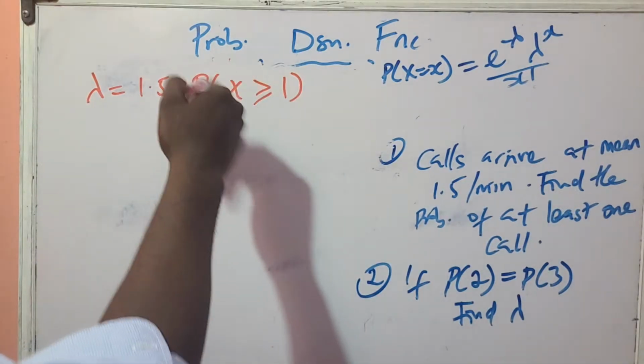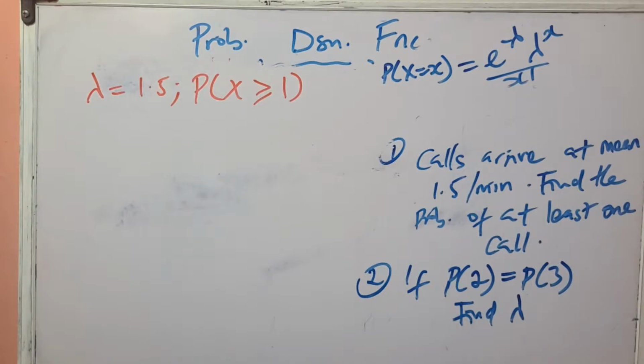In this case now, what do you think will be the complementary event of this? Can anybody tell me in the comment section? What's the complement of probability of x greater than or equals to 1? Can I get an answer there?